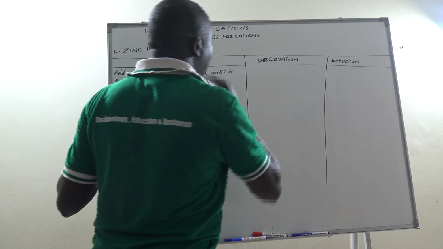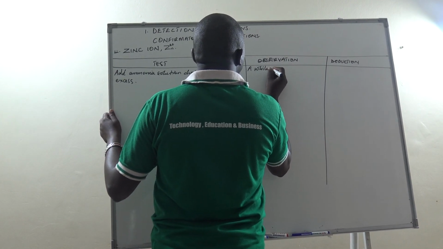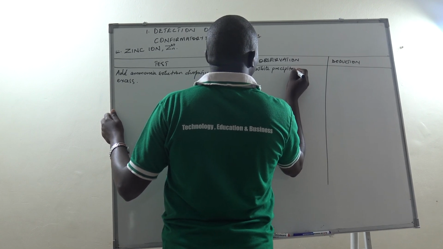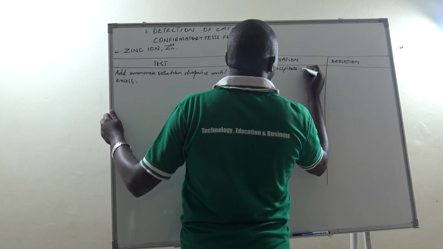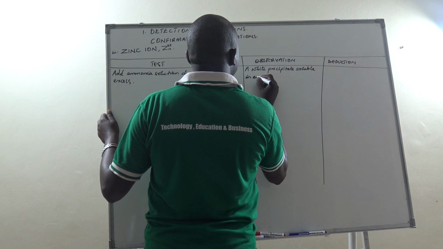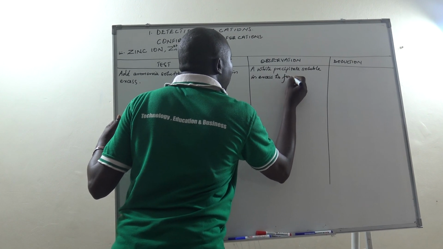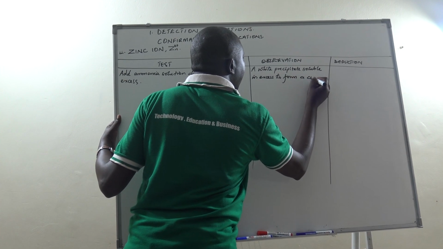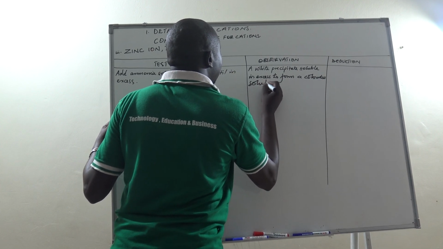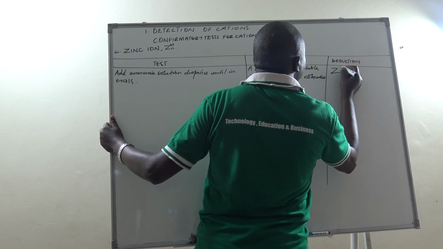This is for zinc ion, and we said that we get a white precipitate, and the white precipitate is soluble in excess to form a colorless solution. And this here means that we have zinc ion.